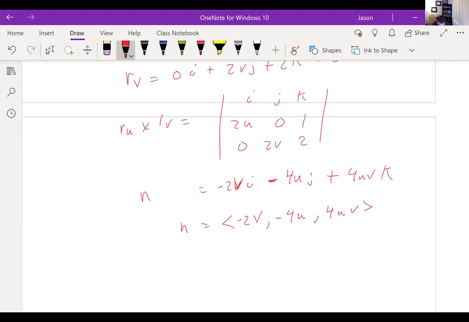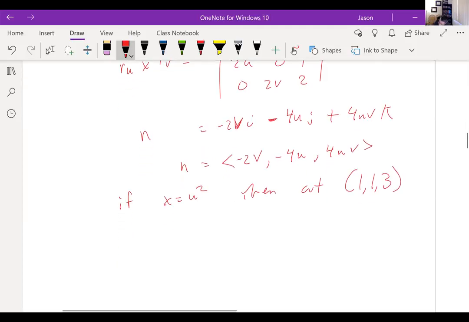So if x equals u squared, then at (1, 1, 3), what is u equal to?